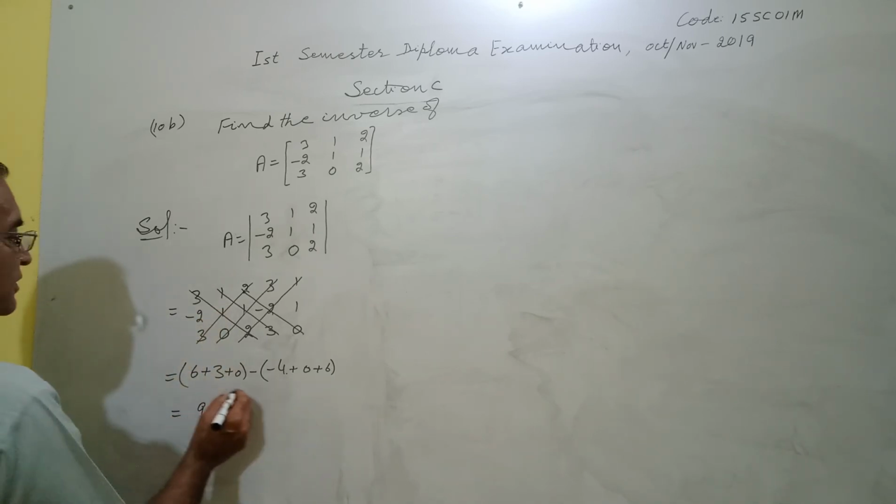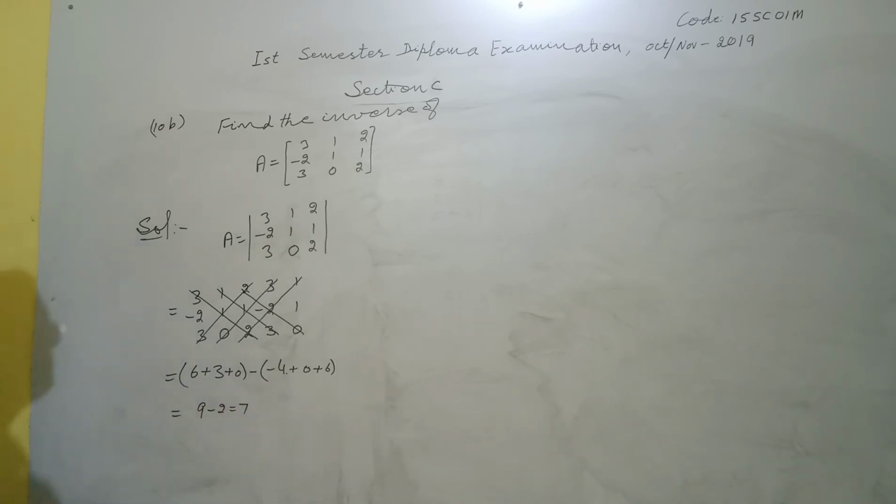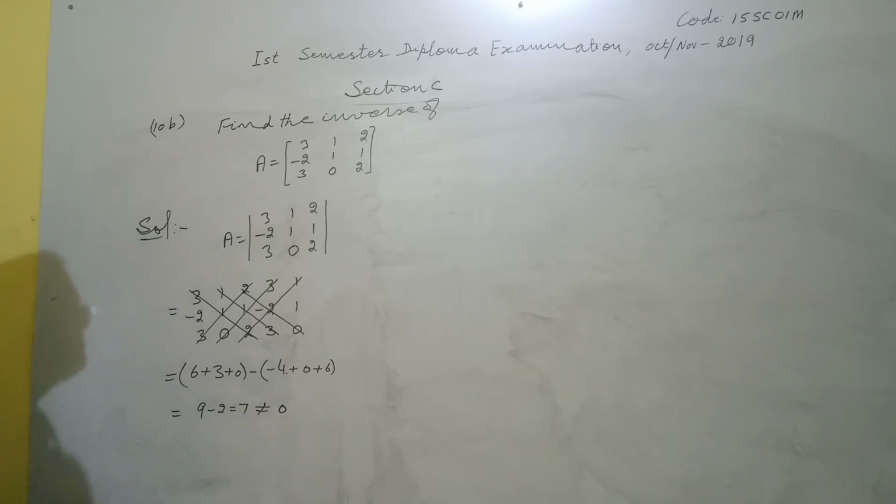So overall we will get 9 minus 2, that is 7. It's not equal to 0. Therefore inverse is possible.